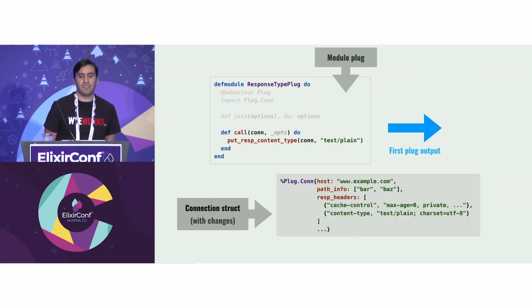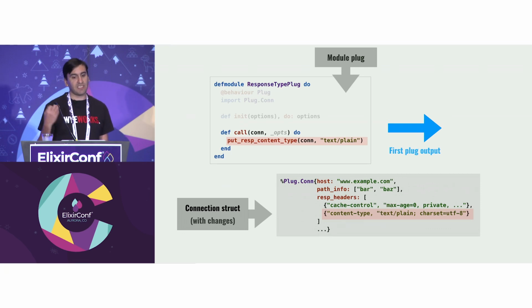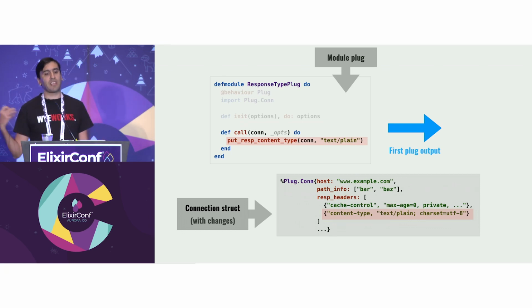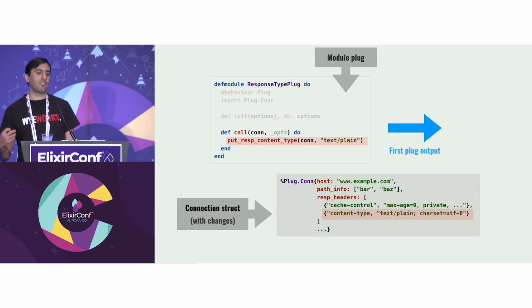In this case, we are making use of a helper function from the plug library. We have a bunch of these helper functions that help us put the right information in the right fields of this connection struct. In this case, it's just an example of setting the content type header that the framework is going to use to build a response.